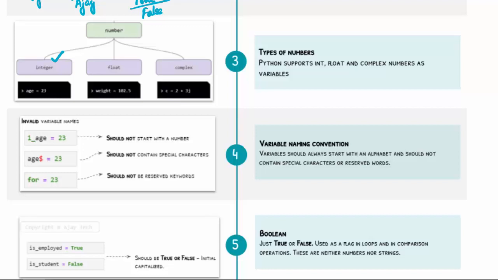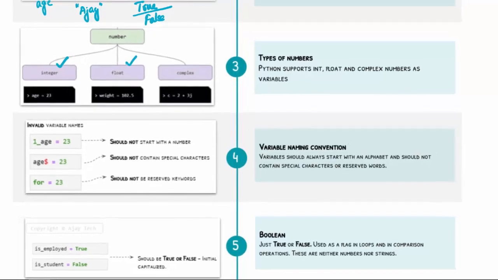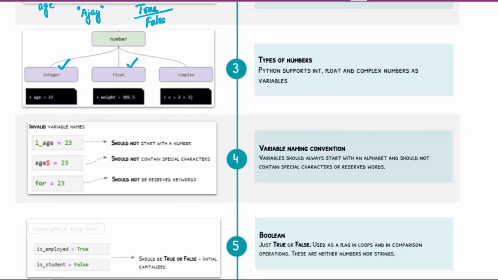Weight is an example of a floating point number. Weight is in pounds. Another type of number that's not so common is called complex numbers. You might remember them from your high school algebra, but they're not used often. So don't worry about complex numbers for now.